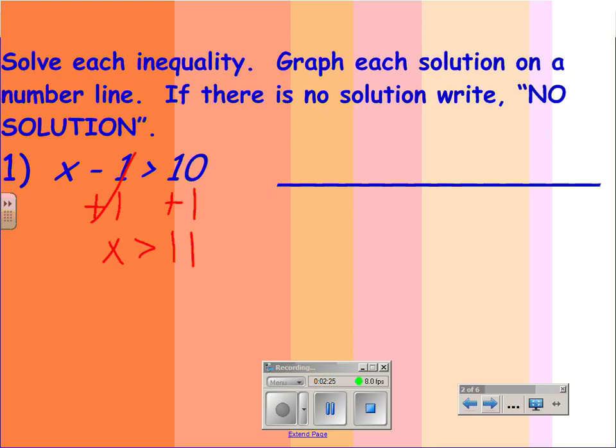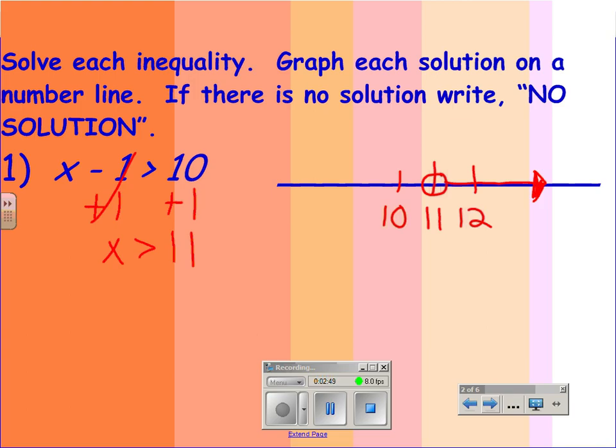So to graph this, all I have to do is put 11 here. I like to put one number on either side of the number that would be part of the solution. This says x is greater than 11. What that tells us is that 11 is not actually part of the solution, but every number greater than 11 is part of the solution.